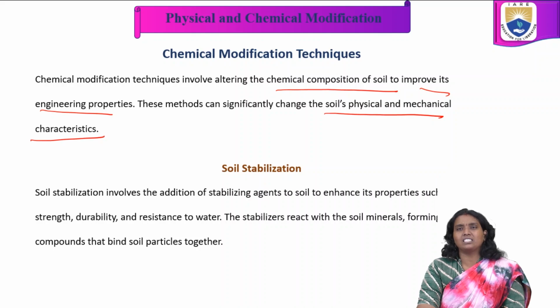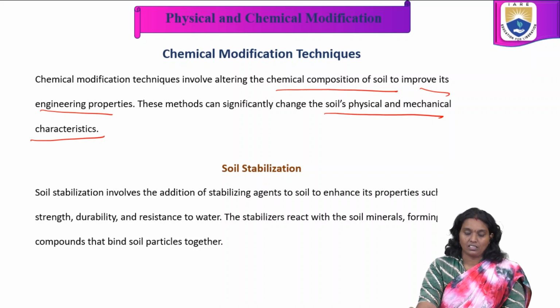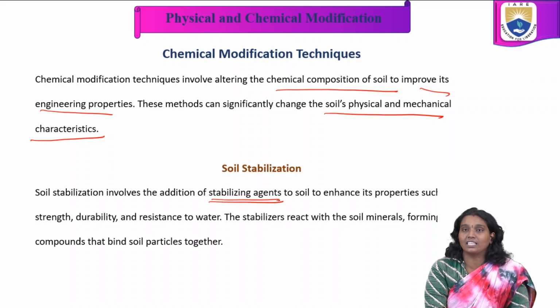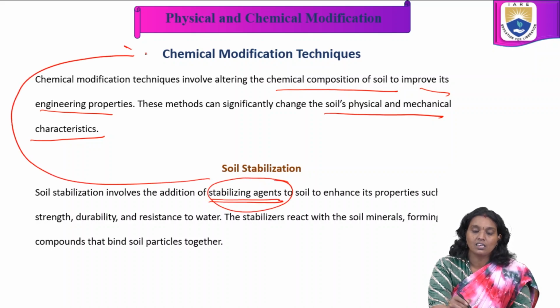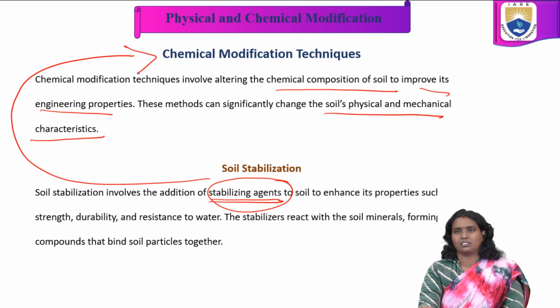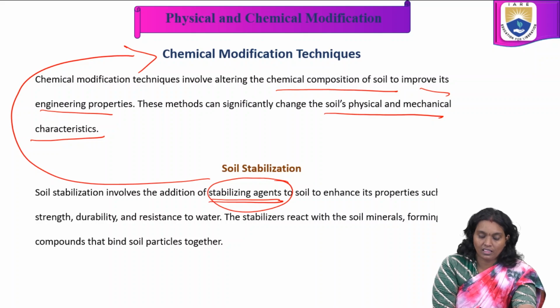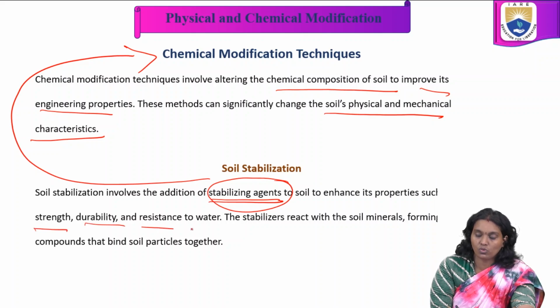In this, the first is soil stabilization. It involves addition of stabilizing agents. Because of these agents, these modifications are known as chemical modifications. They enhance soil properties such as strength, durability, and resistance to water.